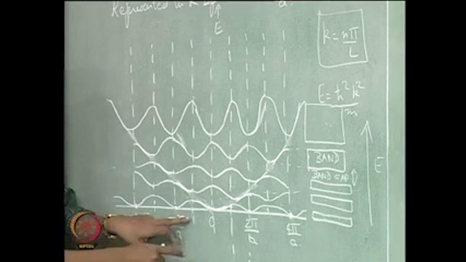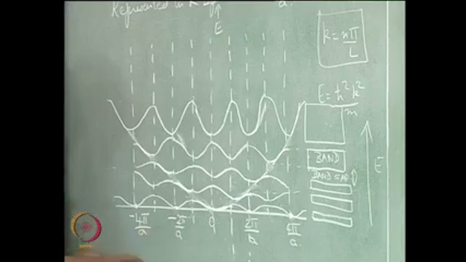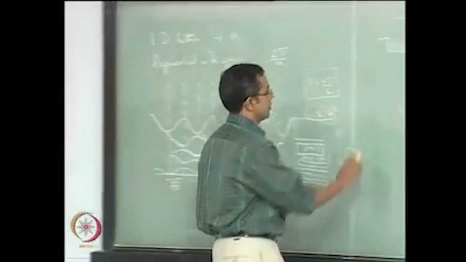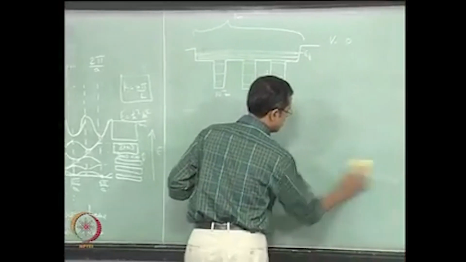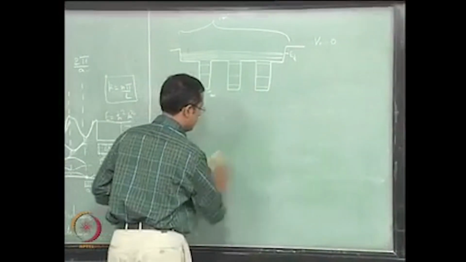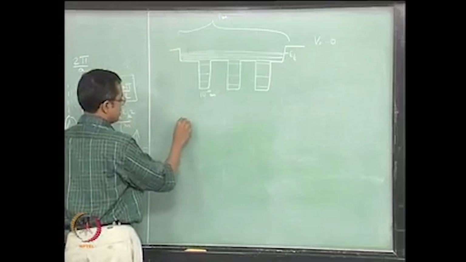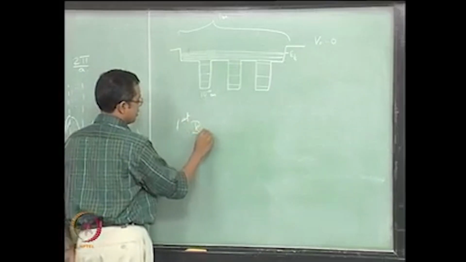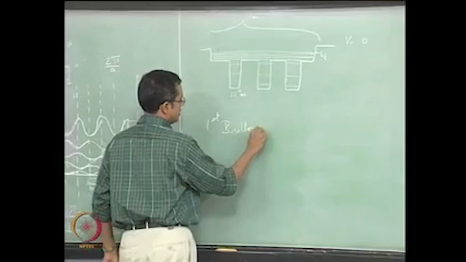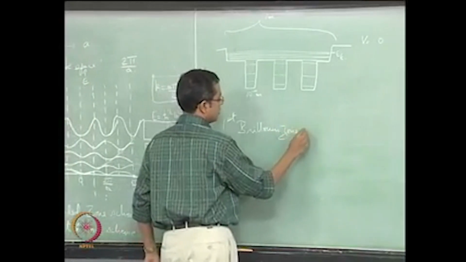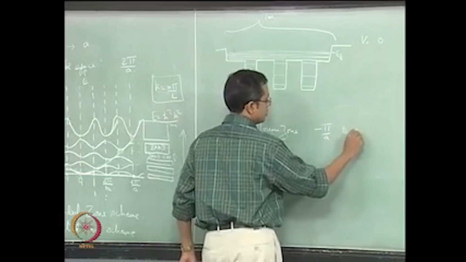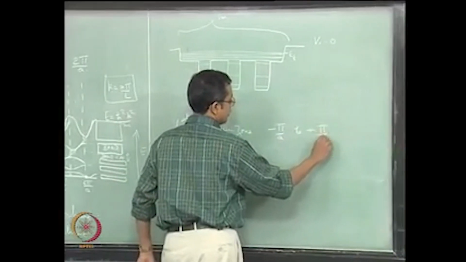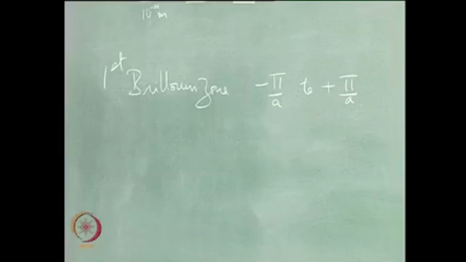So the first Brillouin zone is actually between, so we will write the Brillouin zones down here. Minus pi by a to plus pi by a is what the first Brillouin zone is.